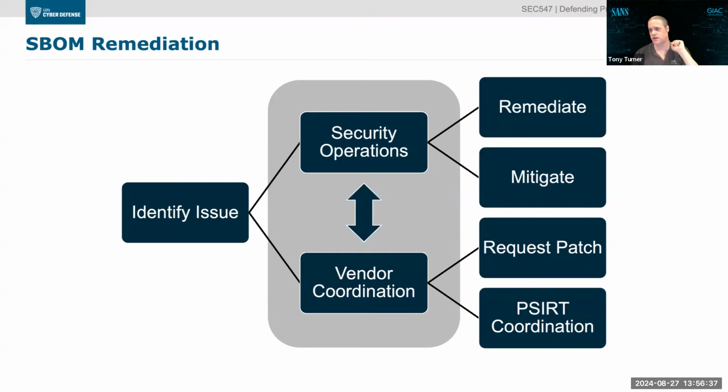Our support agreement says that you have to give us patches within 90 days. Where's my patch? Fine. But you need to have some coordination between security operations and whoever's responsible for that conversation. It may be your security operations people that are talking to these people, or maybe a vendor relationship owner, right? You may be talking to the PSIRT, you may be talking to somebody else in the organization. But the key point is we've got to get people talking to each other, and we've got to get people out of their silos in order to fix these problems.